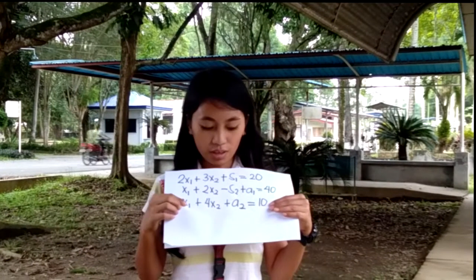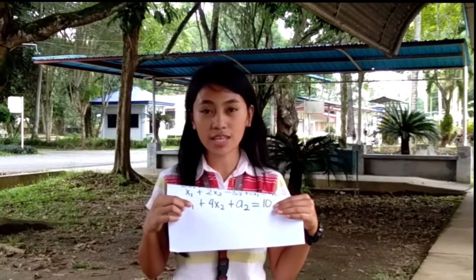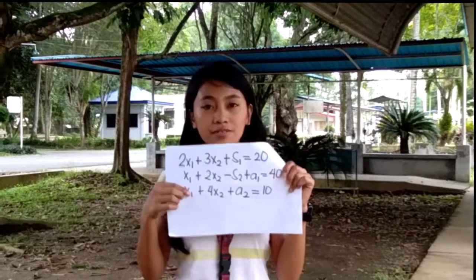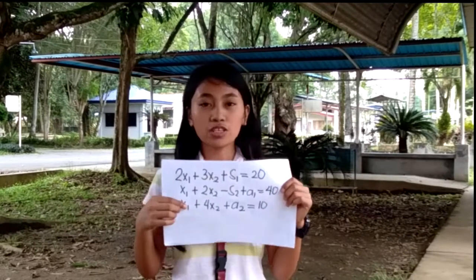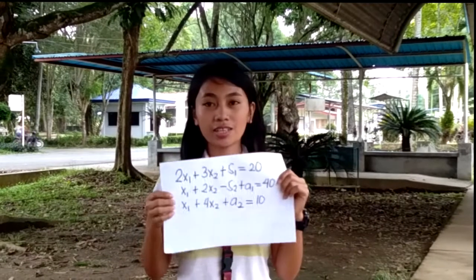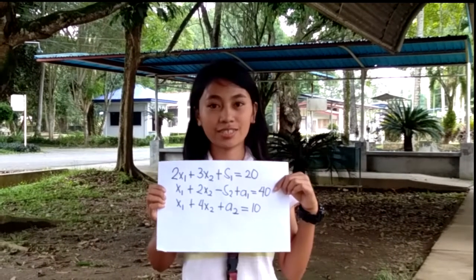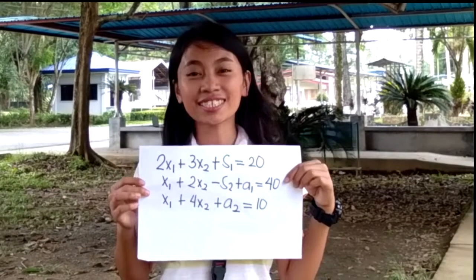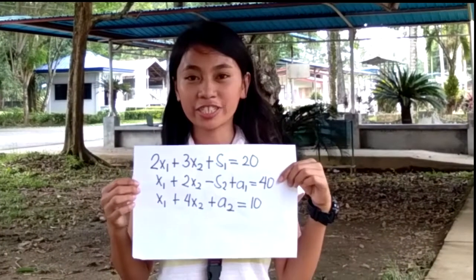And the last one is the equality sign, where we add an artificial variable. So, as you can see, they are all now equality constraints. And this is the standard form of the constraints.